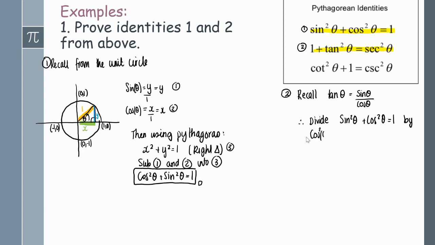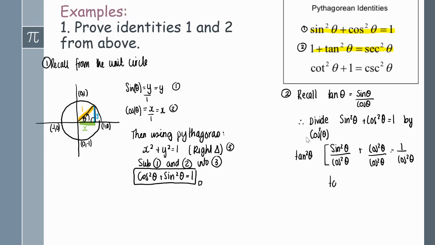The reason I'm doing this is to hopefully get sine squared theta over cos squared theta at some point in this equation, so I can have a 1 plus tan squared theta. So we have sine squared theta over cos squared theta plus cos squared theta over cos squared theta equals 1 over cos squared theta just by dividing through.